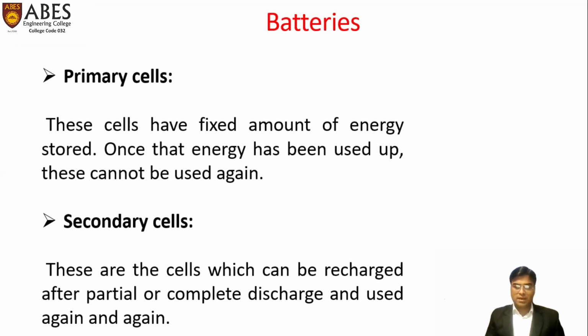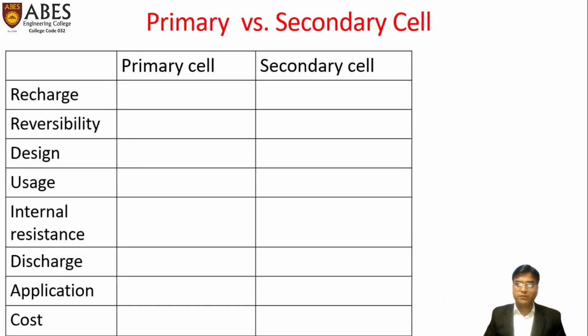Examples of these cells are the cells used in the lead storage batteries. We shall see now what are the basic differences between primary and secondary cell.